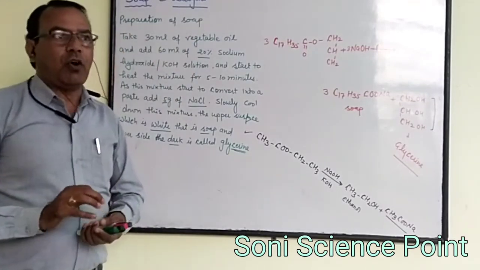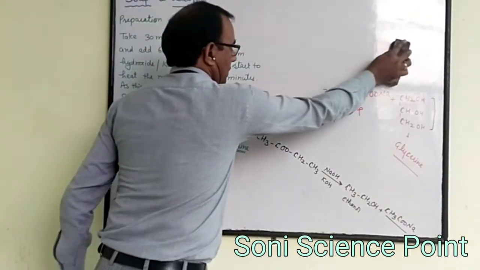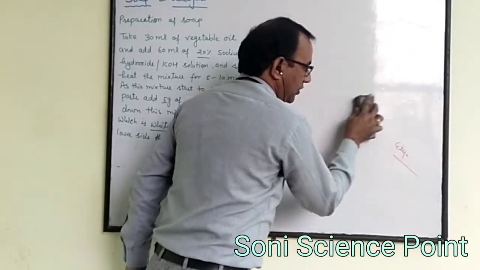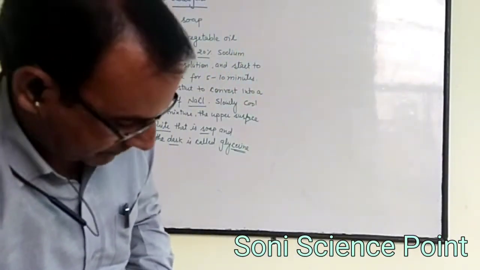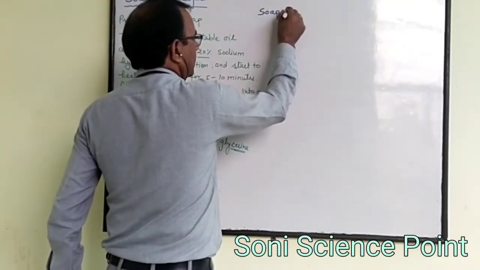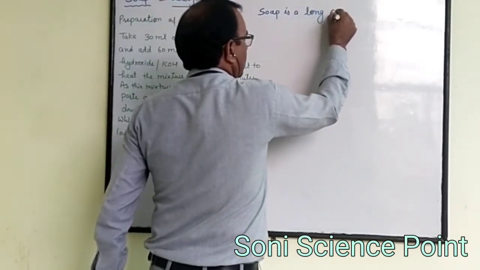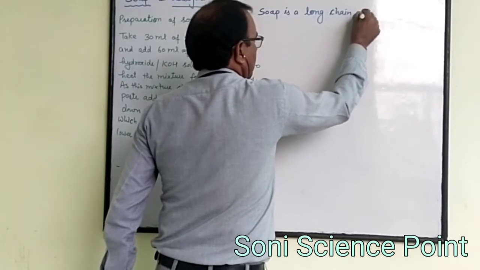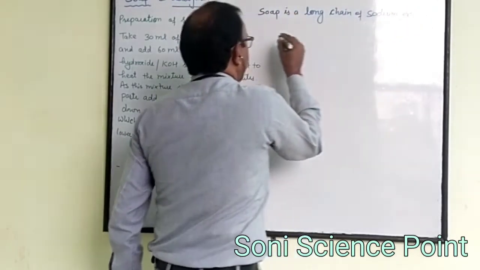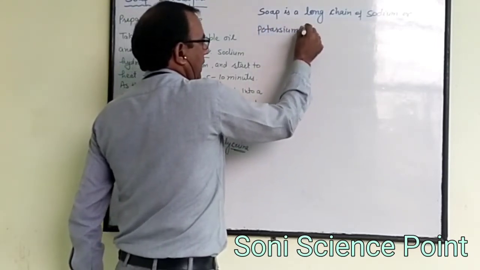What is the structure of soap? A soap has two ends. Firstly, soap is a long chain with sodium or potassium ions.